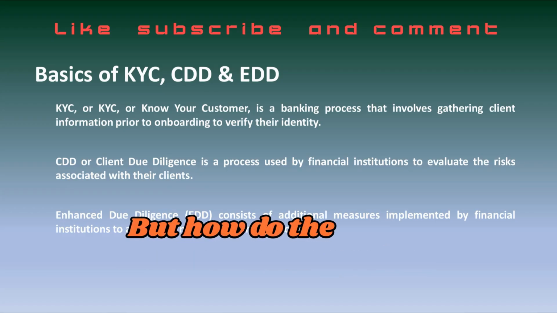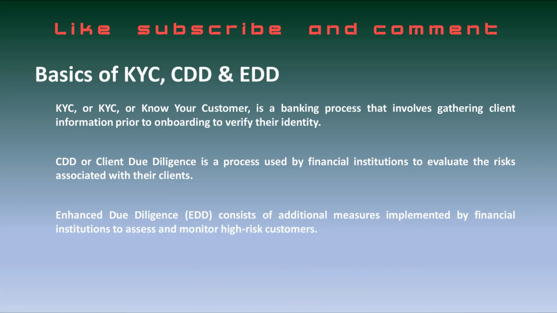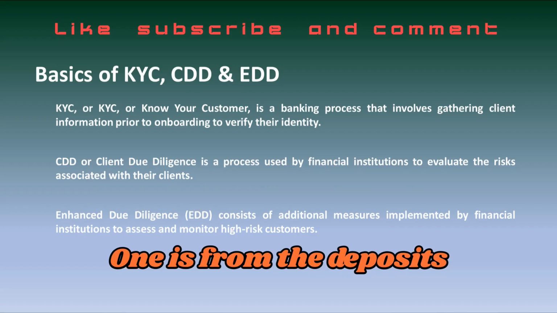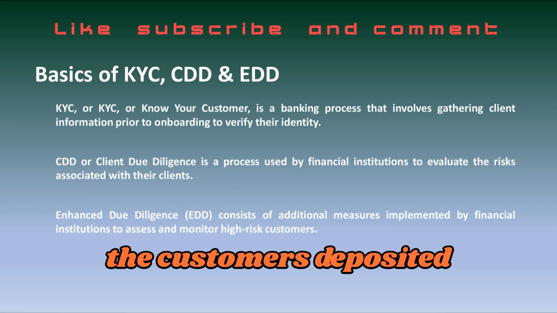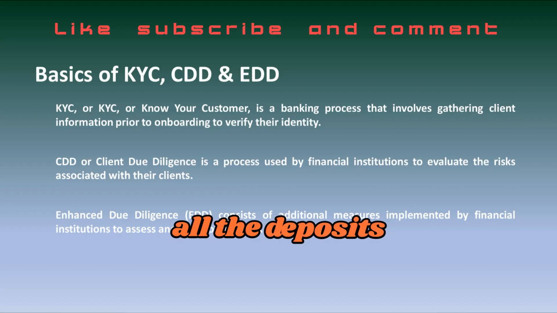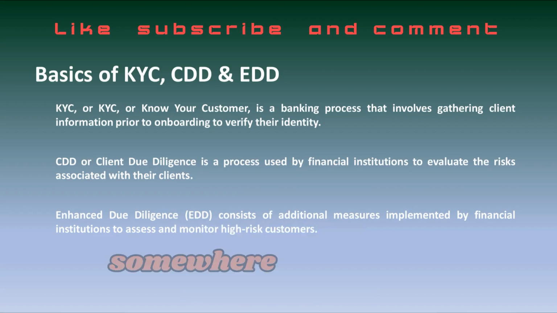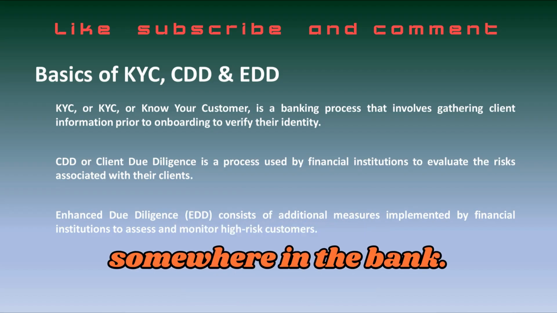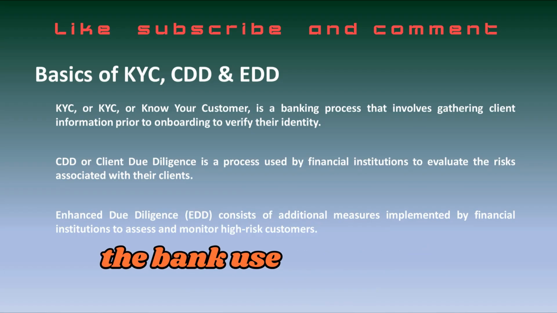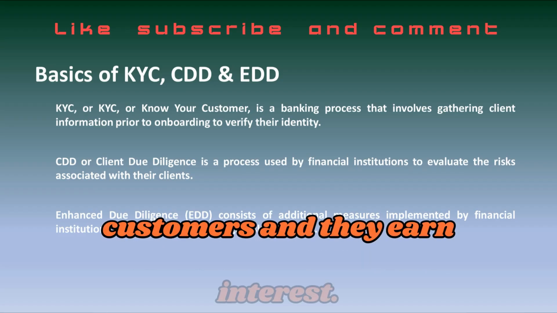But how do the banks get profits? There are two ways banks earn profit. One is from the deposits the customers deposited in their banks. All the deposits will be stored somewhere in the bank, so with the excess cash, the bank gives loans to a few customers and earns interest.